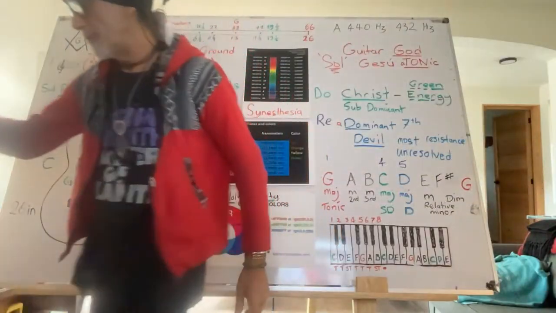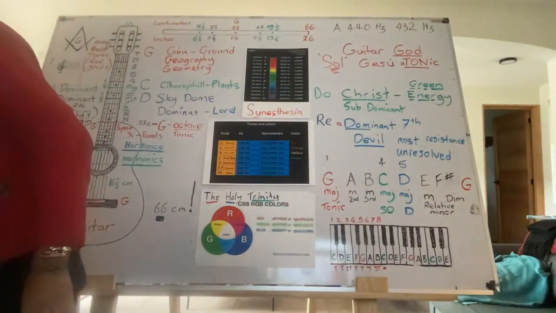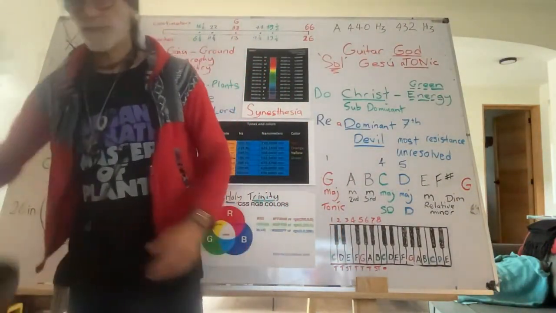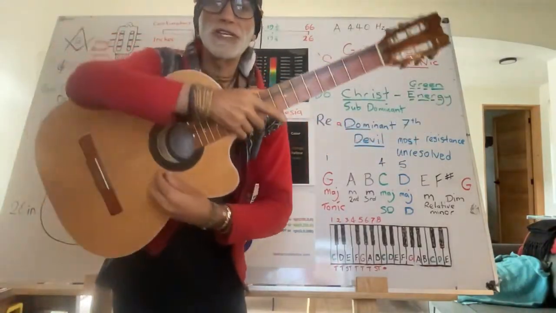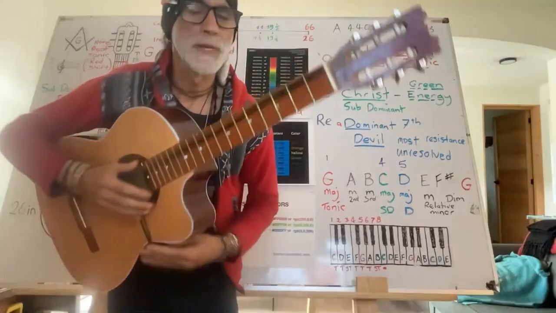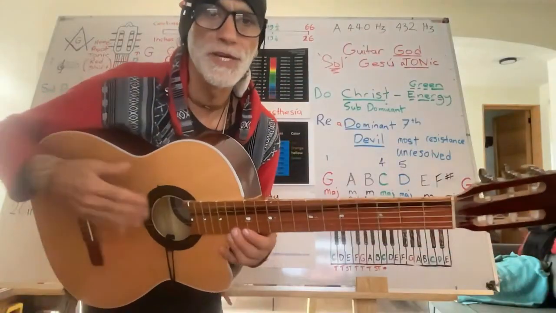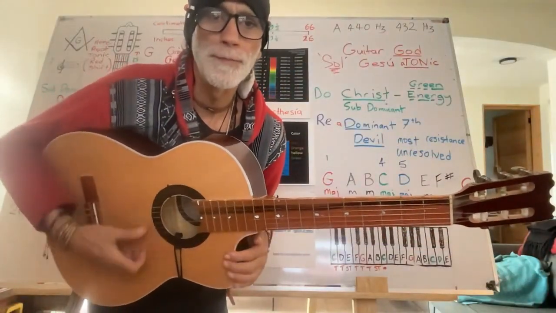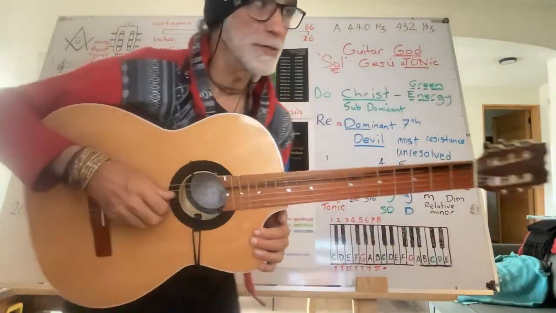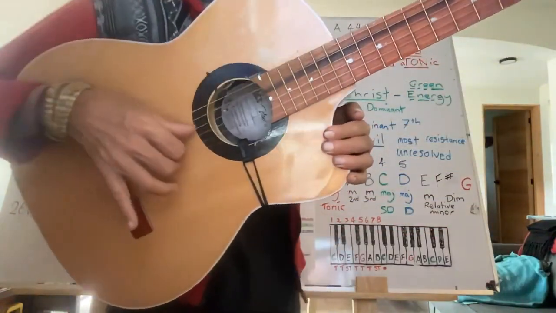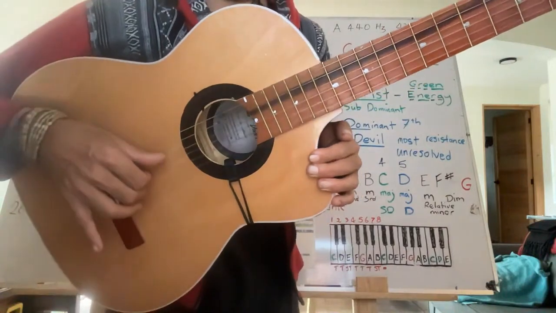Okay? So, what I've done, and this is what you must do. You must learn how to tune your guitar to open G. So you do not touch these three strings.